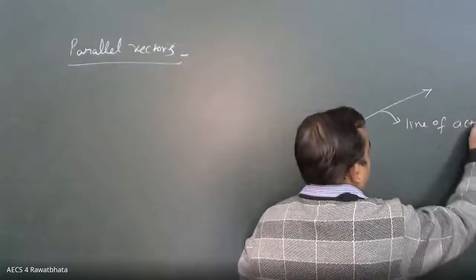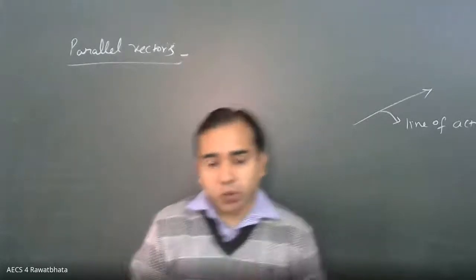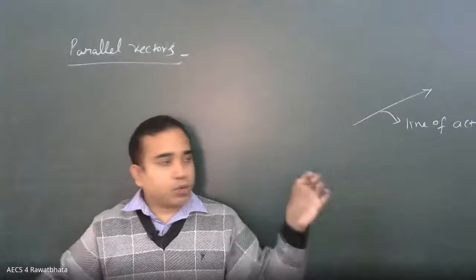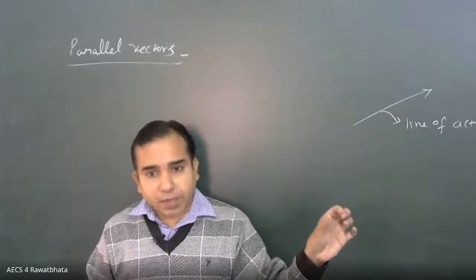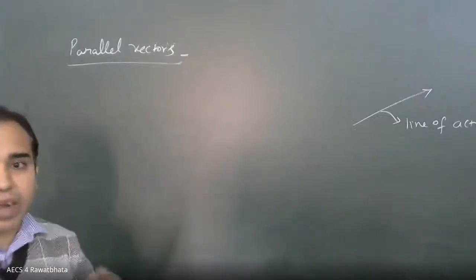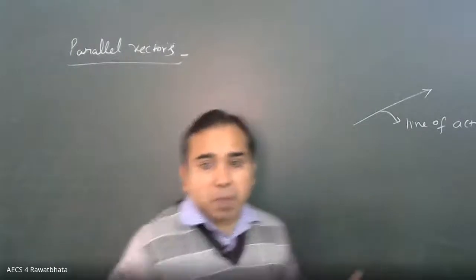डायरेक्शन, और जितनी इसकी लेंथ होती है उतना उसका वेक्टर का मैग्नीट्यूड होता है, ठीक है। More length, more magnitude, short length means less magnitude. So suppose there are two vectors. If their lines of action are parallel, then they are called as parallel vectors.